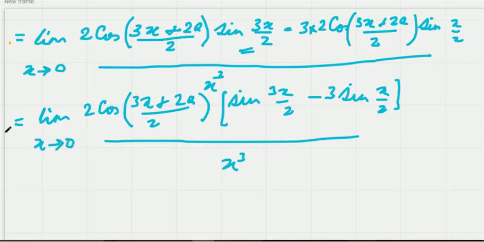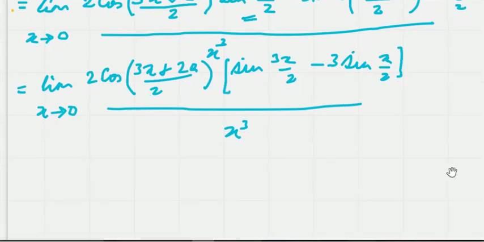Now I will remind you of a trigonometric identity that you've done before.